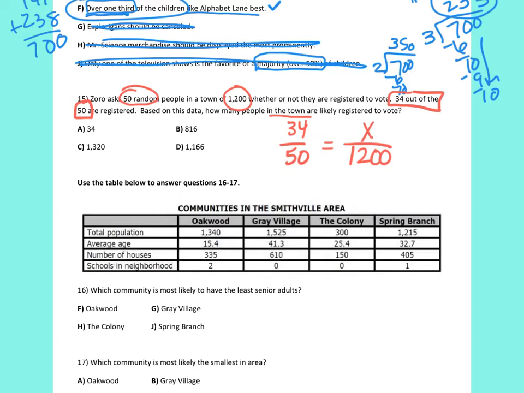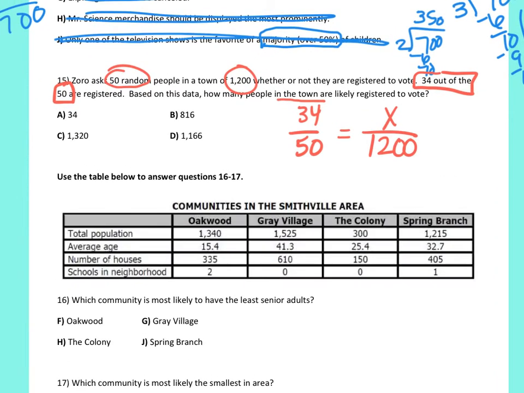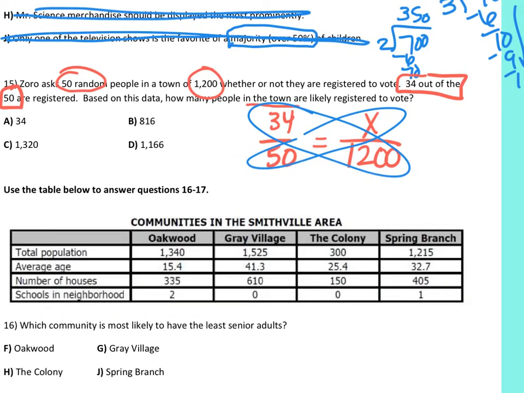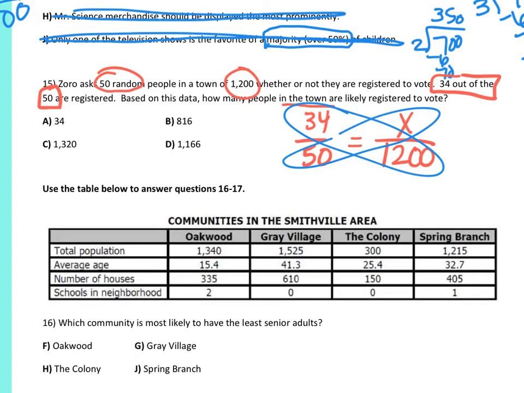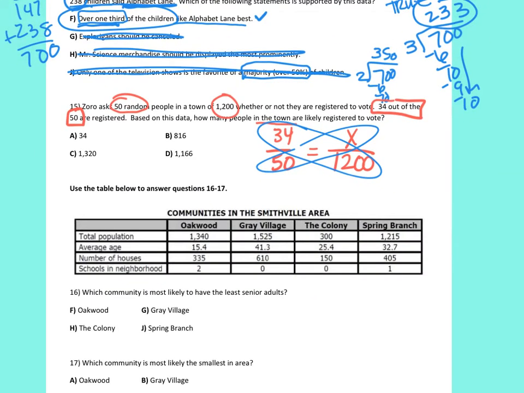Okay, so what do I want to do now? Cross multiply and divide, or we can try to scale up to 1,200. Let's see if we can scale up easily.